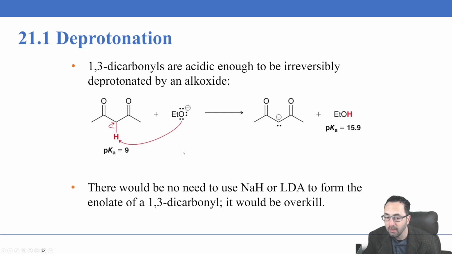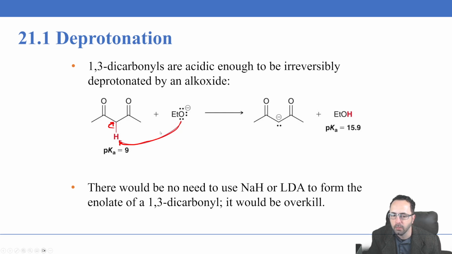So what this means is that if you have a diketone like this with the alpha carbon here between both of the ketone groups, because this is pKa 9, you can deprotonate this with an ethoxide ion. And so this deprotonation will work just fine. Of course, there's another hydrogen here not drawn, but you'll end up with this highly stabilized ion here, highly resonantly stabilized, which is what gives rise to this pKa of 9.